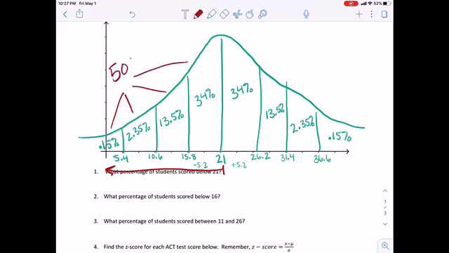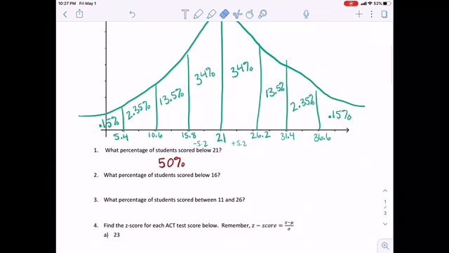And if I add those together, it should equal 50% of the data. So then I know that 50% of students got a score lower than 21. Well, once I know that, I can go ahead and answer some of these, and I'm going to let you go ahead and answer problems 2 and 3.